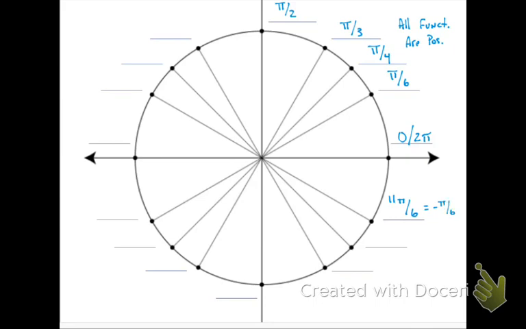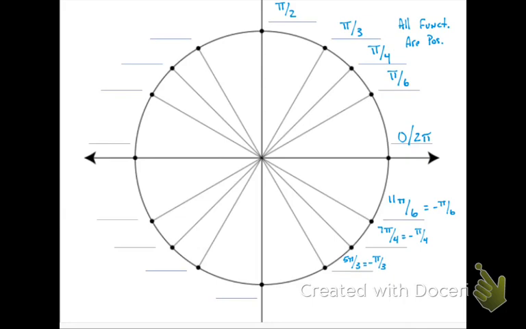Whereas if we would go all the way around, we would be at 7 pi over 4. But if we peel back, it's going to be at negative pi over 4. Same way, if we would go all the way around, we would be at 5 pi over 3, but if we peel back, we're at negative pi over 3. If it's anything on that right side, everything's going to be okay. The big thing is whenever we're dealing with the left side.